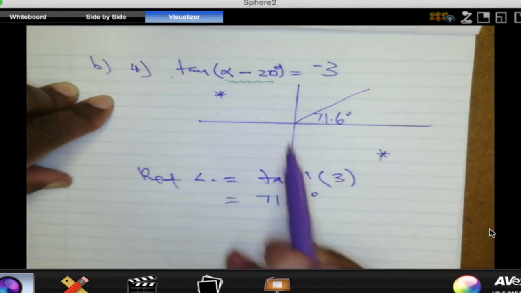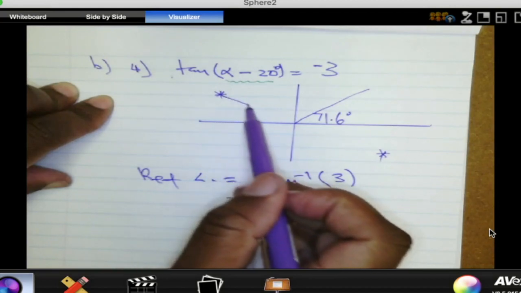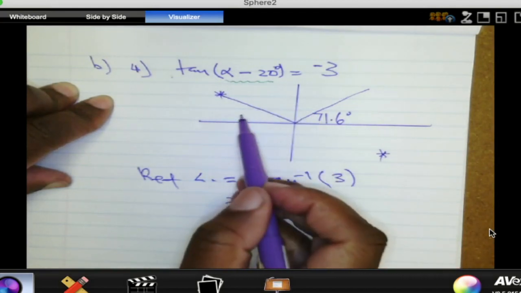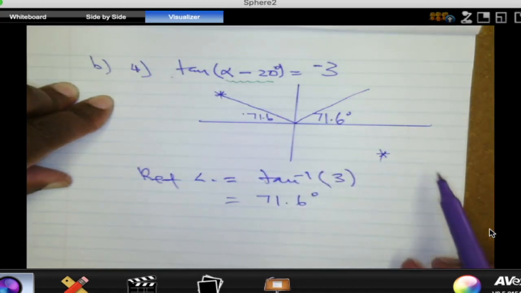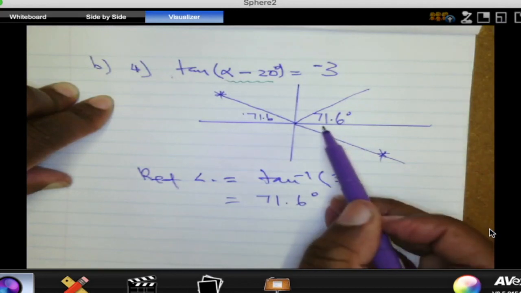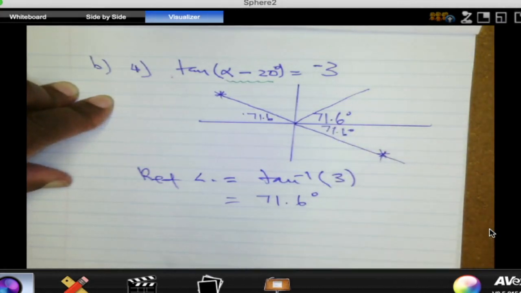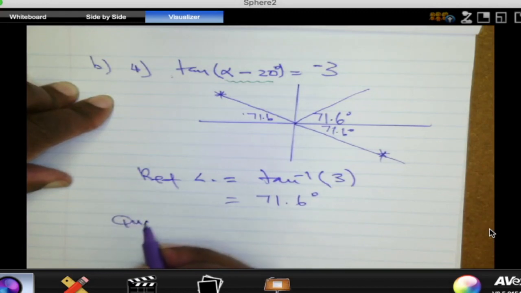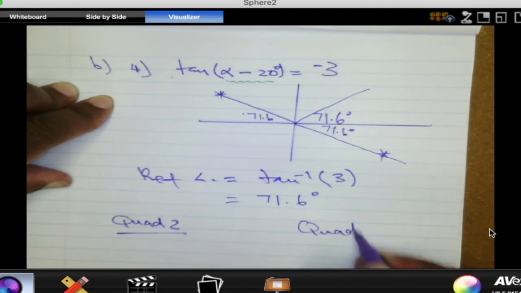But we know that our angles should come from the second quadrant, which makes this one here 71,6. We also know that it should come from the fourth quadrant, and that should make this one here 71,6. So our answers are coming from quad 2 and from quad 4.